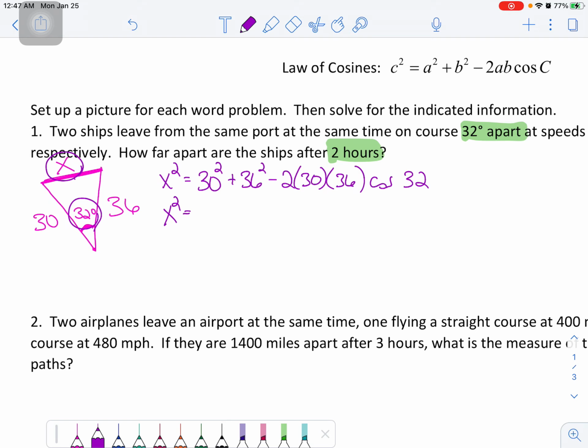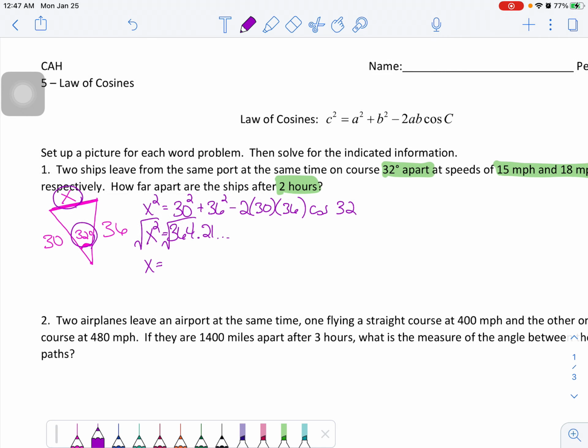Okay. All right. So my calculator tells me that this whole entire right side of the problem is 364.21 and some other stuff. I'm not going to worry about what that other stuff is. I'm going to take a square root in the calculator. So x is equal to the square root of that answer.